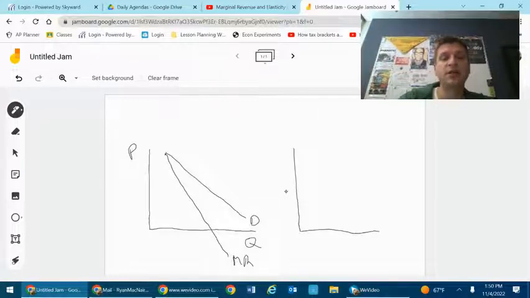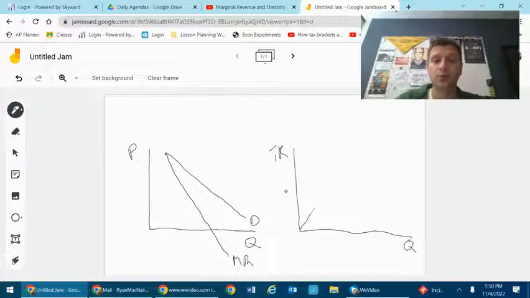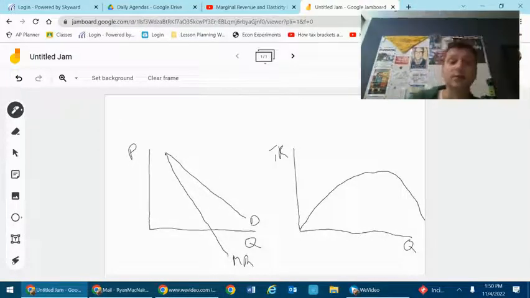Now, if we move a second to look at total revenue, which you can imagine the y-axis being sort of a total revenue measurement and the x-axis still being quantity, this means that your total revenue should be upward sloping until it gets to the point where marginal revenue equals 0.